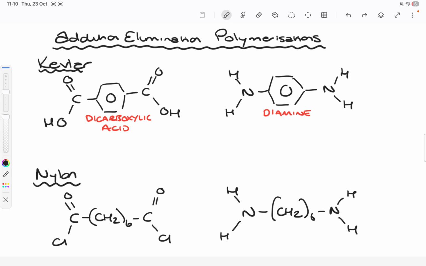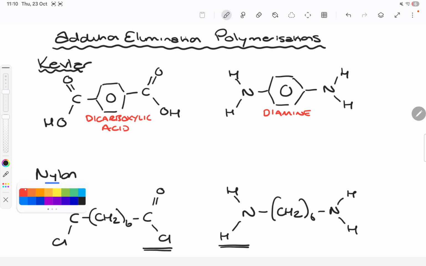Looking at the nylon one first, we can again see that what we have on the left hand starting material of one of the two nylon reagents is this acid chloride grouping, and on the right hand molecule we can see this amine molecule.